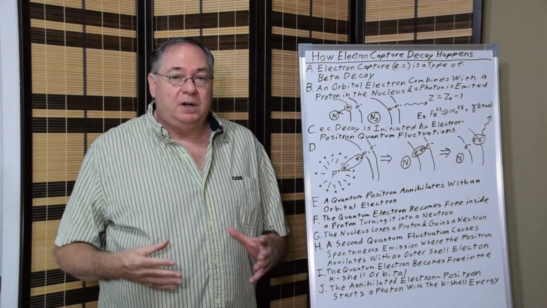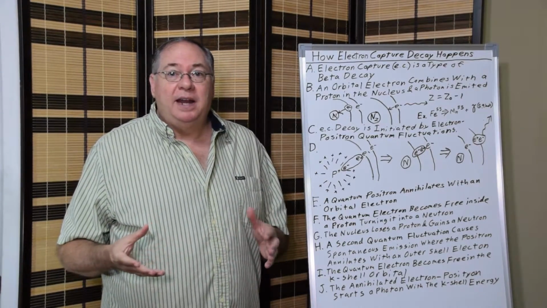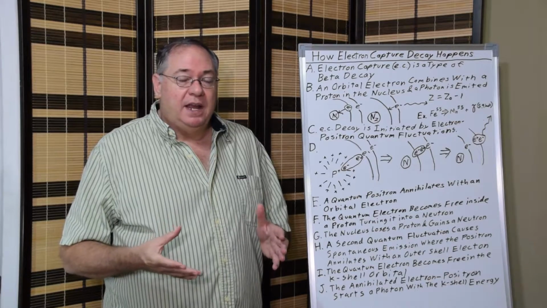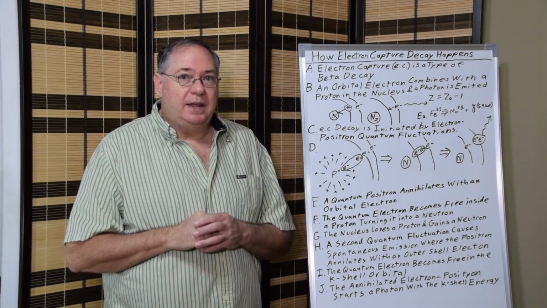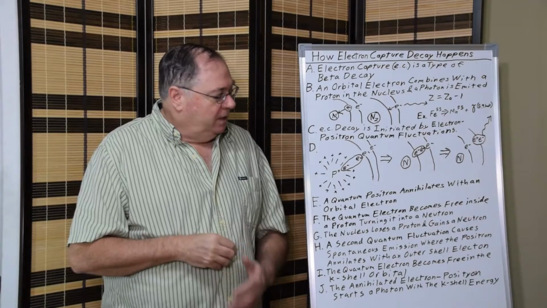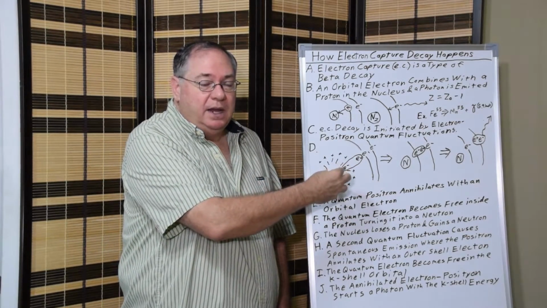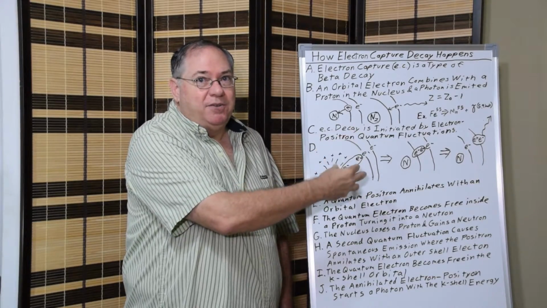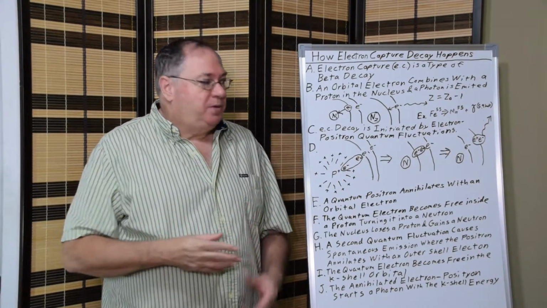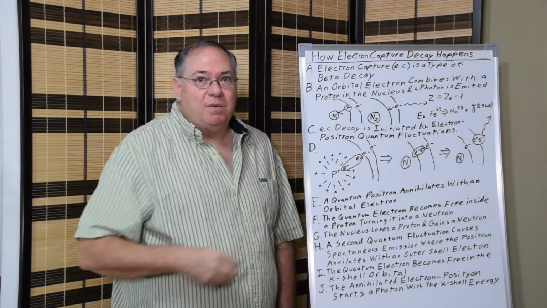It becomes part of the extra 782 keV of energy needed to get the mass of the neutron. So the mass difference between a proton plus an electron and a neutron comes from the quantum field, comes from the quantum fluctuation.